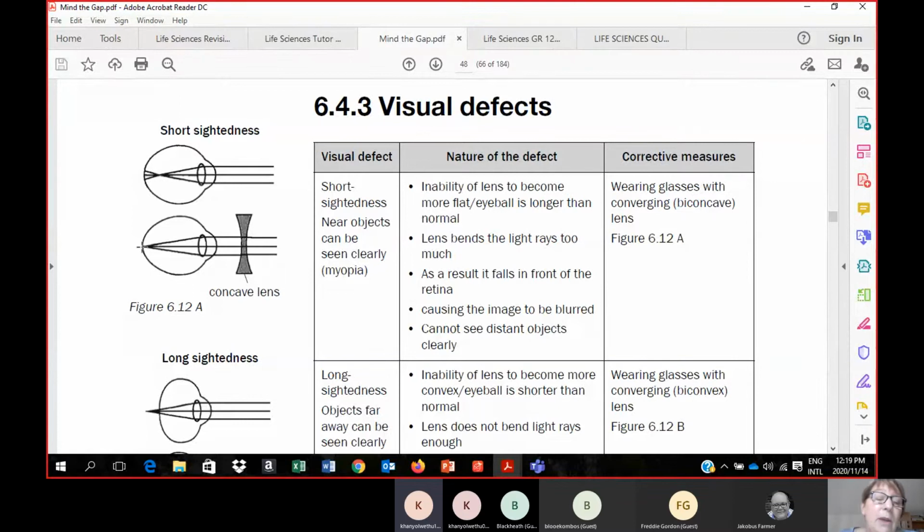And then obviously, because of technology, which is just so amazing, people can have glasses made at an optometrist, and the glasses that are made have concave lenses like this. So you rectify the problem by wearing concave lenses, and they will then refract the light rays in such a way that they all come together over here on the retina.